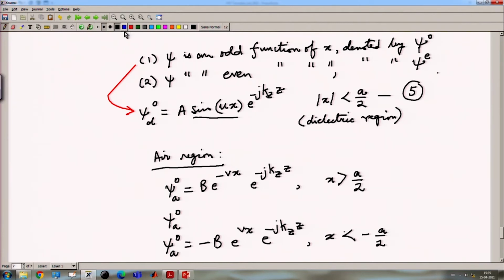So, these two signs have to obey the behavior of the waves at x equal to plus infinity and x equal to minus infinity respectively.